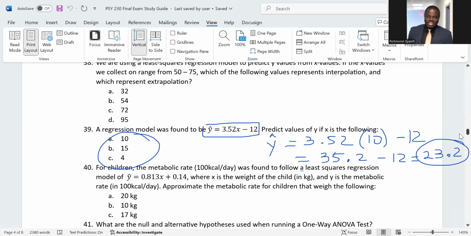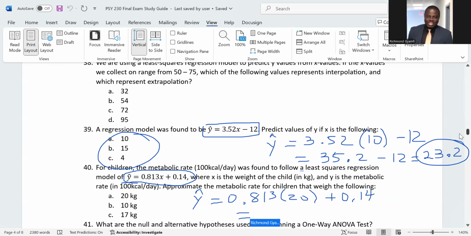Now in number 40, we're doing a similar thing. We've got our predicted y value from the problem: y hat equals 0.813x plus 0.14. We are given the weight of the child, and those are our x values. So I'm starting with the first one: y hat equals 0.813 times 20 plus 0.14.